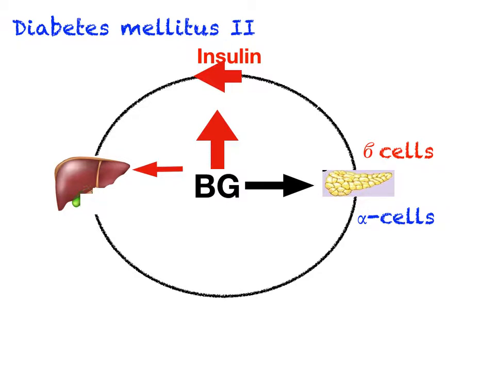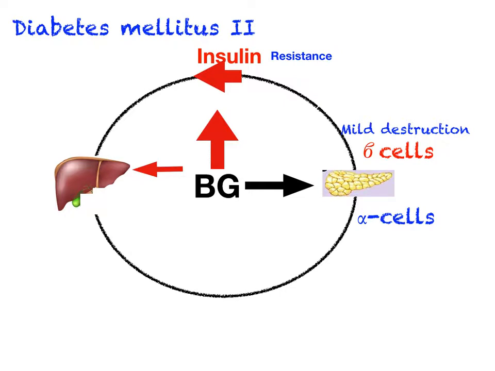Diabetes mellitus type 2. Here, the beta cells are mildly destroyed, and also there might be some resistance to insulin action. So there could be insulin, but this insulin cannot work because of high insulin resistance at the insulin receptors.